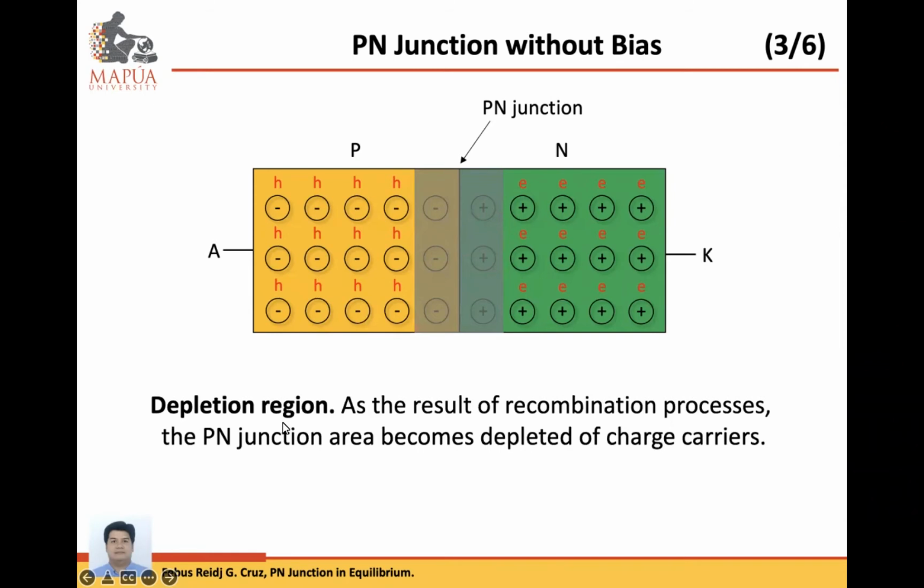So after the diffusion, you'll have the possibility of recombination, and once recombination happens, we form the depletion region. As the result of the recombination process, the p-n junction area becomes depleted of charge carriers. So the depletion region does not have any free electrons and holes.